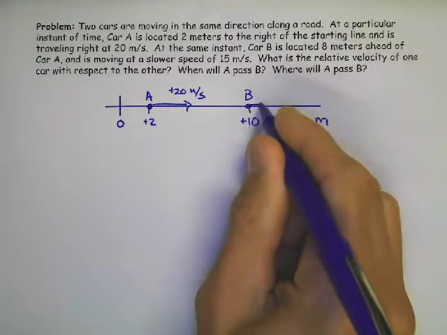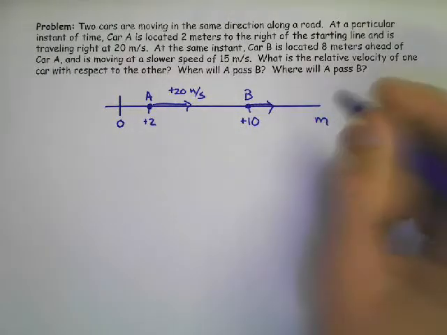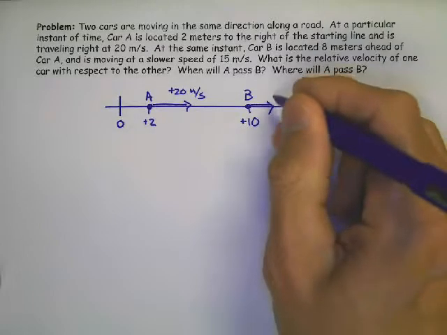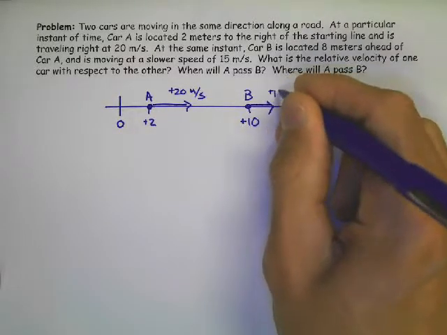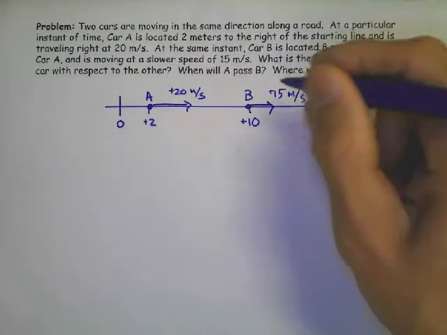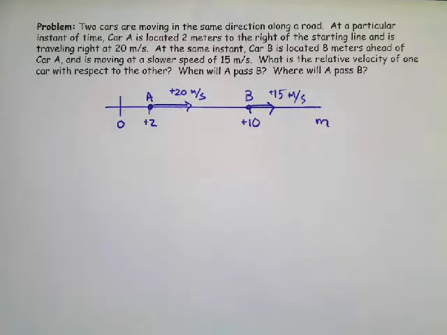And when I draw the velocity vector for B, I'm going to make it clearly smaller. And that's 15 meters per second there. I'm putting the pluses on there just to be crystal clear about the fact that we're moving to the right. So that's worth noting here.